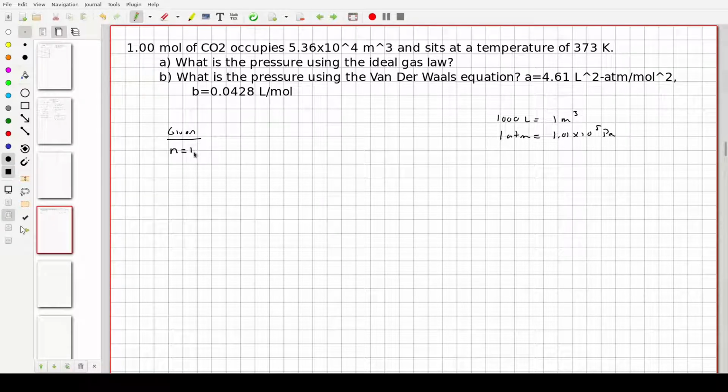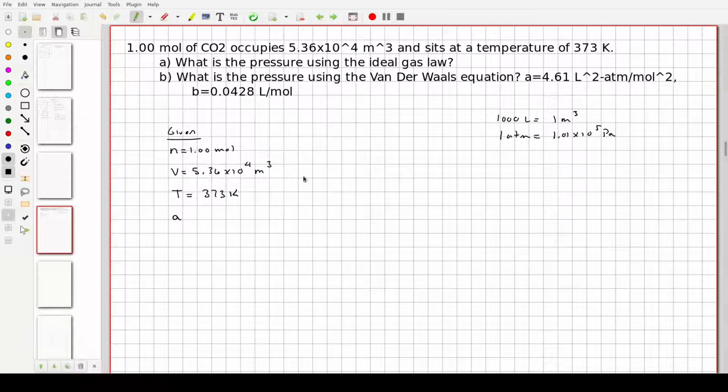N is equal to 1.00, 1 mole. Our volume is 5.36 times 10 to the 4th cubic meters. The temperature is 373 Kelvin.